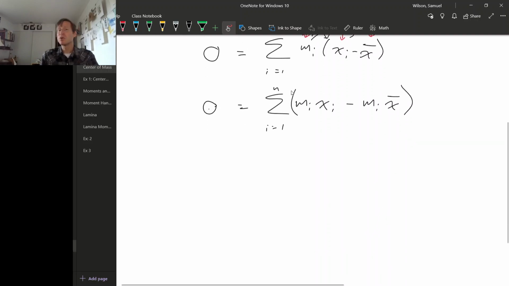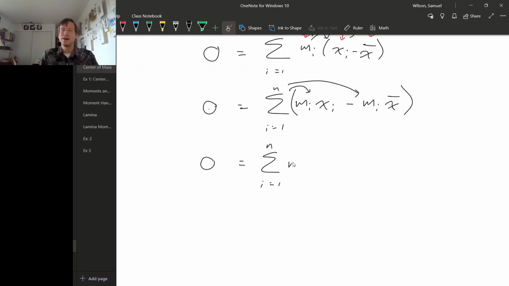Now we can break this sum up over the difference. That's one of the properties of sigma notation, which, remember, just amounts to associativity and commutativity of addition. So we get the sum from I equals 1 to n of m sub I times x sub I minus the sum from I equals 1 to n of m sub I times x bar.